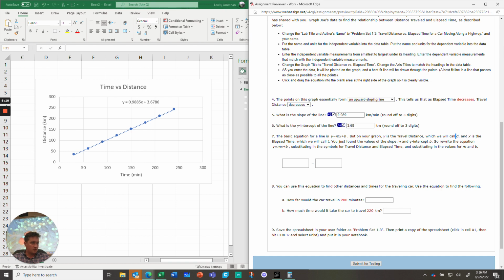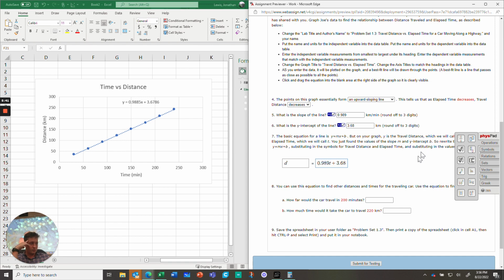We found the values of the slope m and b, so rewrite the equation. So instead of y, we're going to write d for distance, and then we need the slope, which is 0.989. Instead of x, we're going to write t for time, plus our intercept, which is 3.68. Those are my numbers, your numbers will be different.